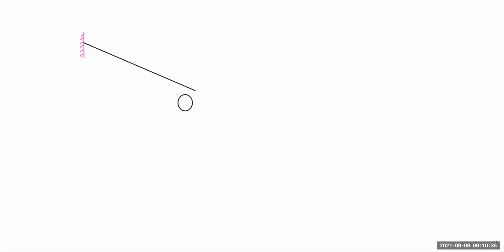We have a pulley here. And then passing over the pulley, we have a block, and then you attach a block somewhere. And let's call the mass of the block capital M. This mass is small m.